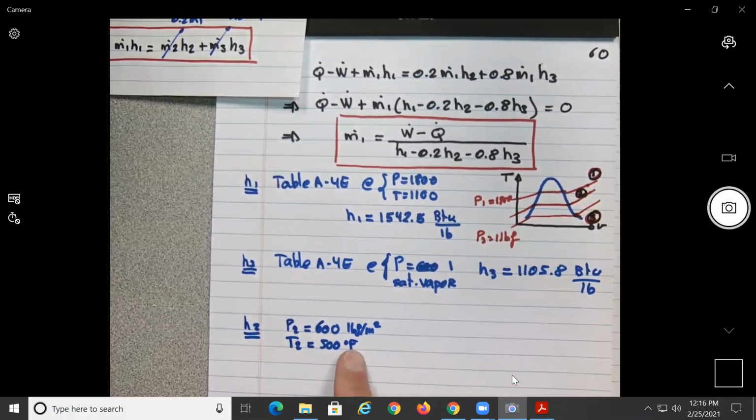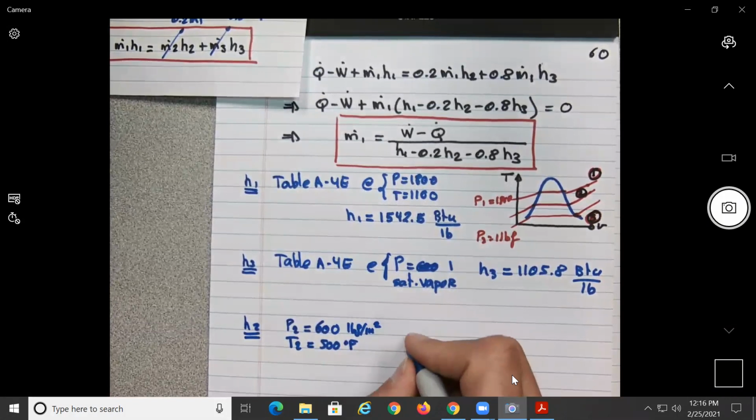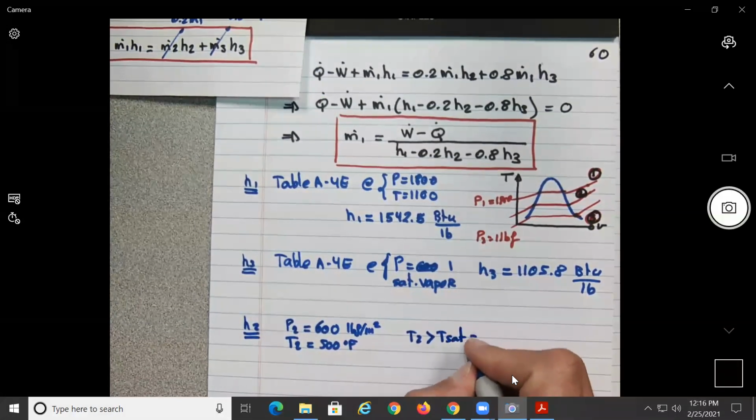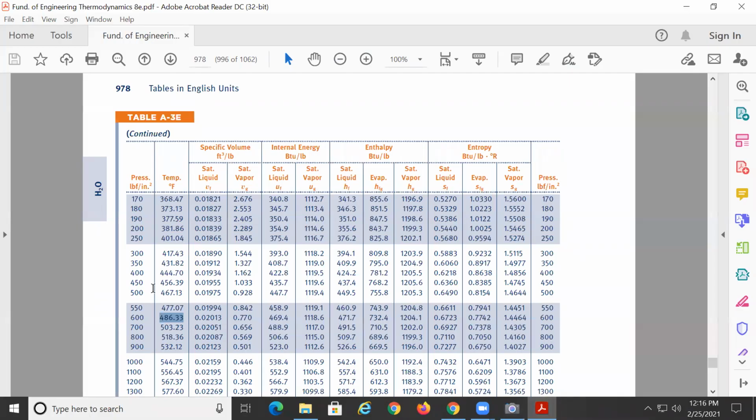So T2 is higher than T saturation, which was equal to 486.33 from table A3E.